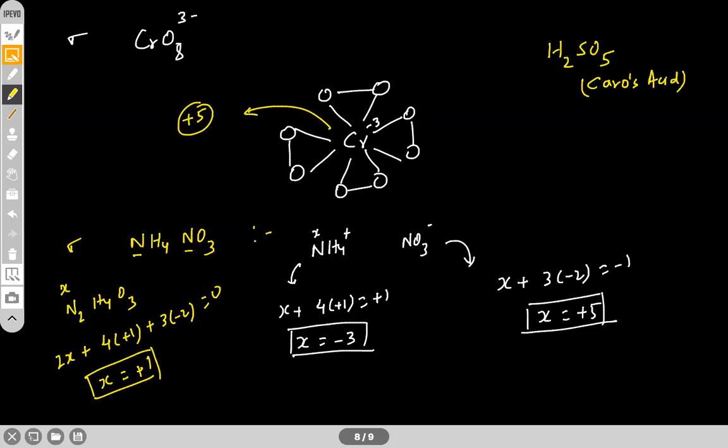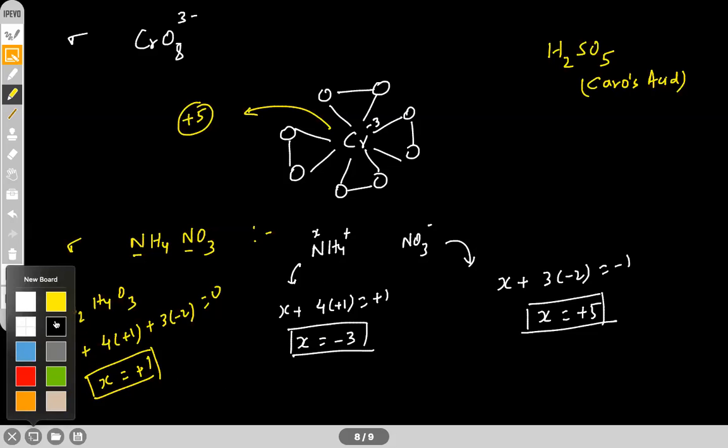Cyanide is -1. So these kinds of ions you should know. Write the heading on the top: charge on ion. All of this is information that you are going to apply in the question when you solve it. Okay, so this you should know.